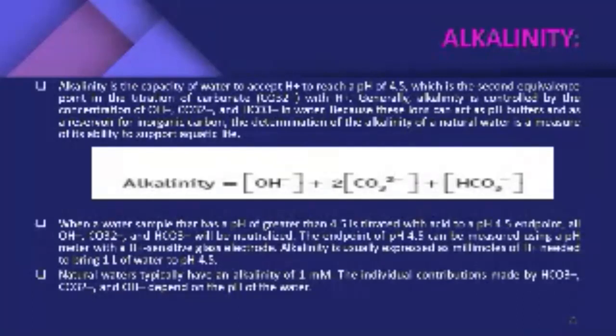The endpoint of pH 4.5 can be measured using a pH meter with a hydrogen ion sensitive glass electrode. Alkalinity is usually expressed as millimoles of hydrogen ions needed to bring 1 liter of water to pH 4.5, which is the endpoint.